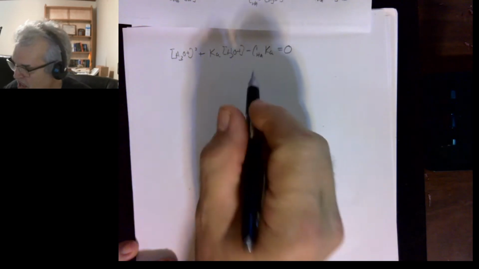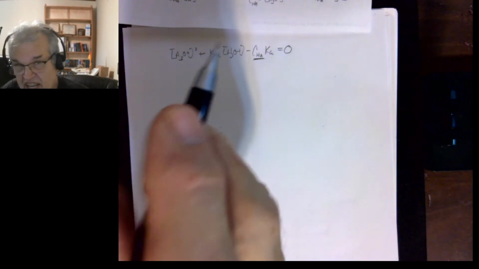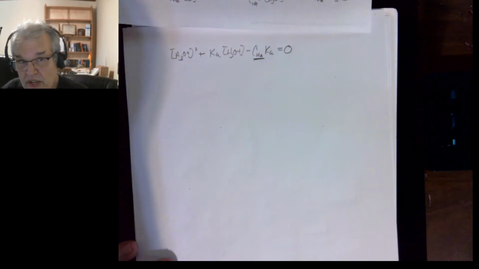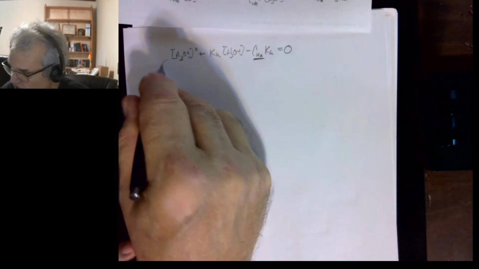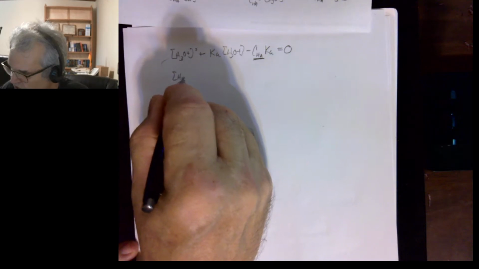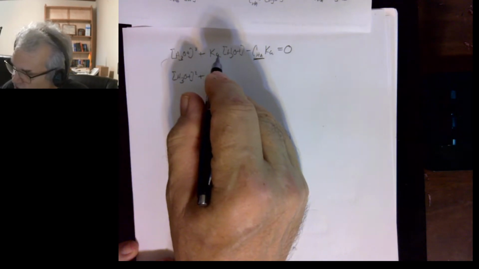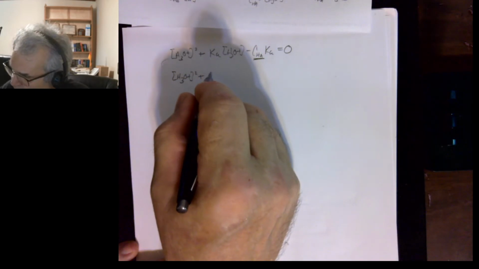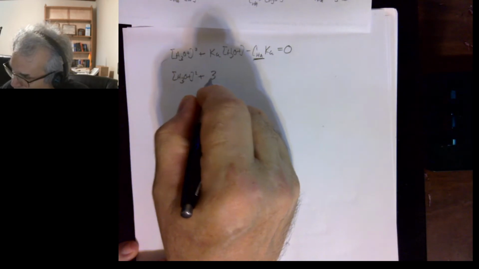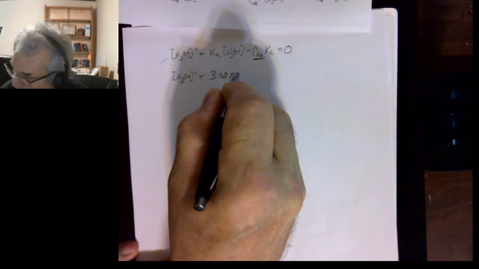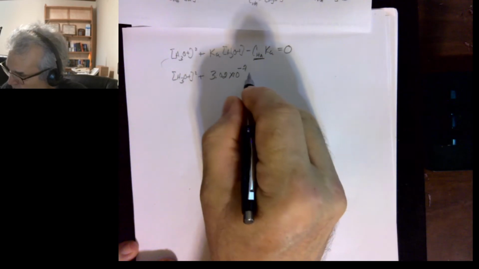That's my quadratic equation. What's CHA? Remember, CHA is the analytical concentration. I was given that. So this then becomes H3O plus squared plus Ka. What was my Ka value? I determined it was 3.02 times 10 to the negative 7.